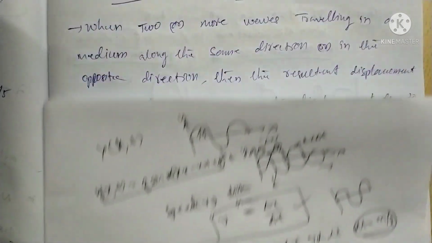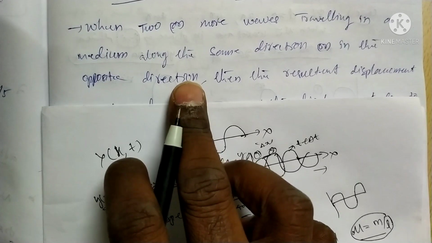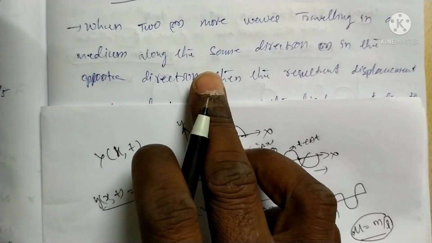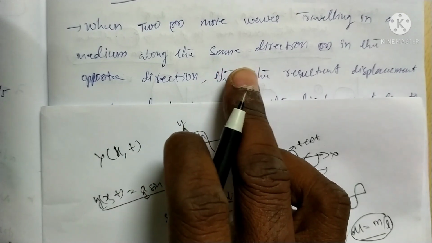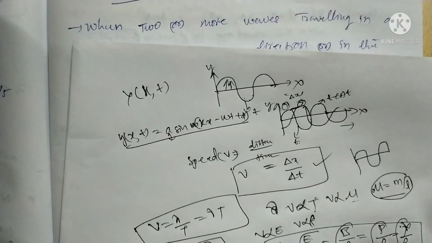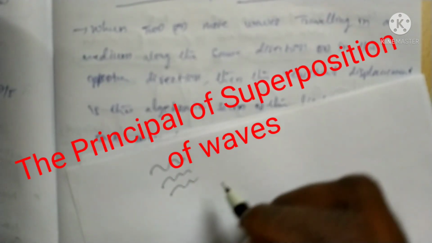Now we will discuss the principle of superposition of waves. What is superposition? When two or more waves are traveling in a medium along the same direction, like this, one wave, another wave, another wave, like this.